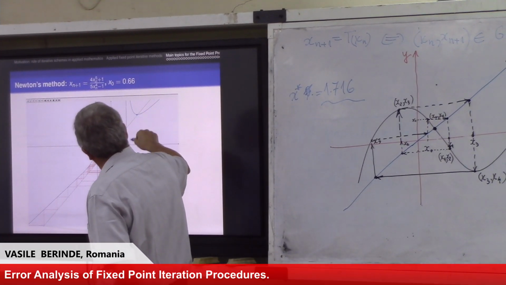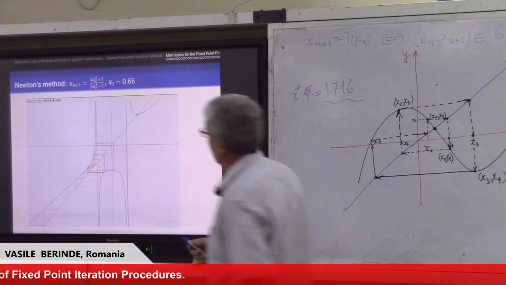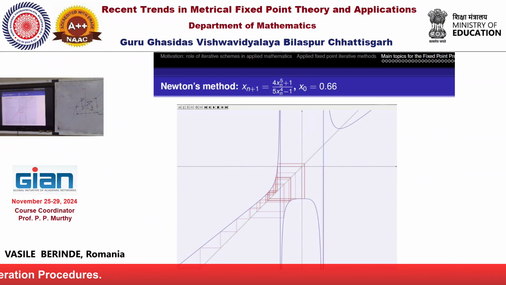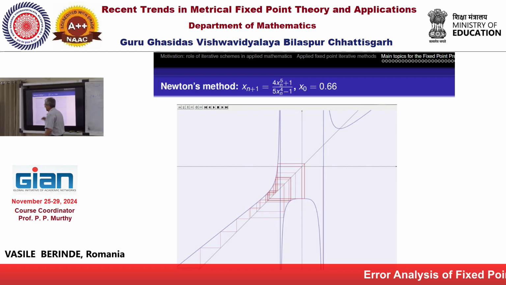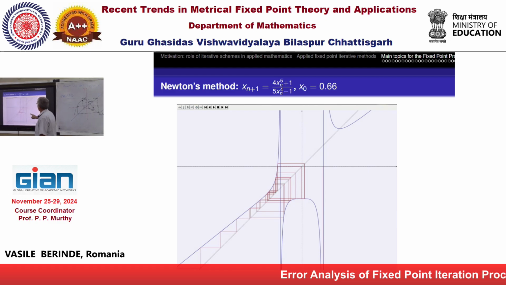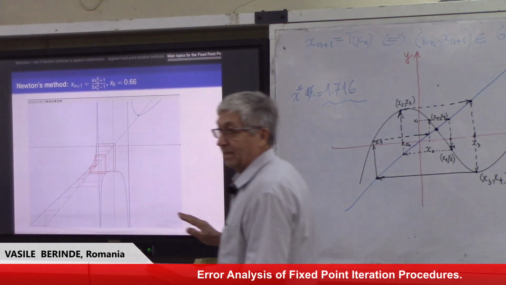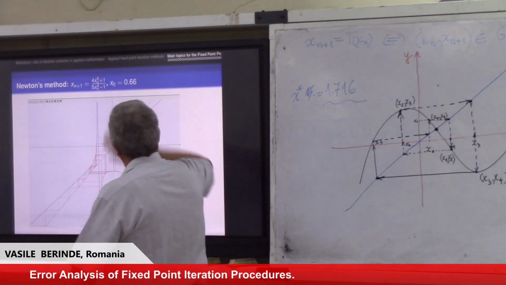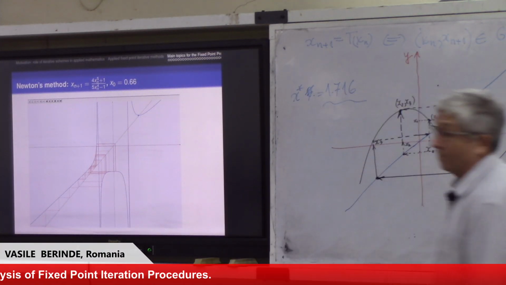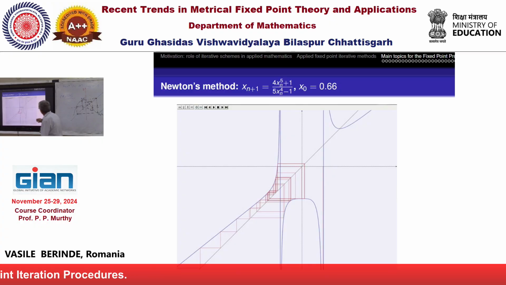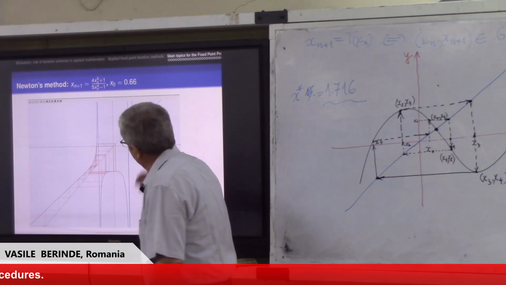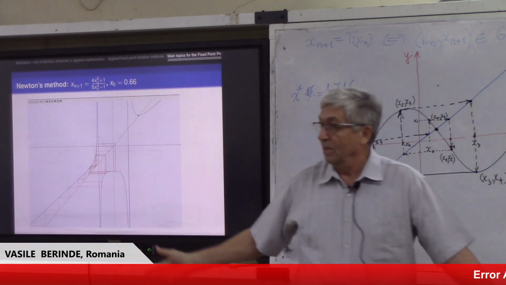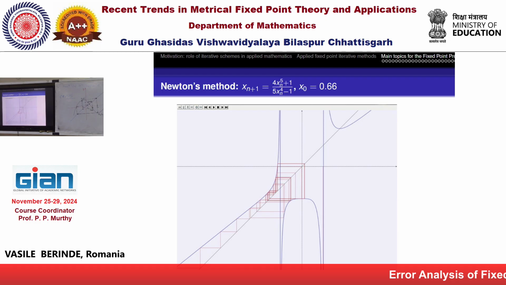So we have to start from something in this region, and then we have a chance to get the solution. But keep in mind that this Newton method is sensitive to the starting point. If we start in this way, then we'll never reach the solution. But if we start from here, near the fixed point, but we don't know where the fixed point is at the beginning, because this is why we are looking for it.